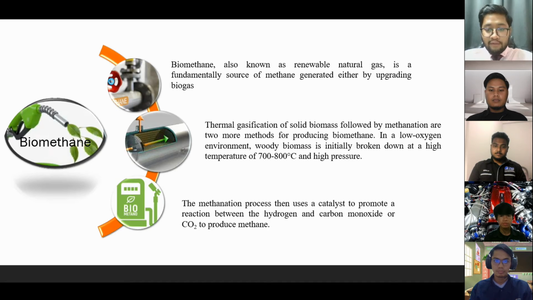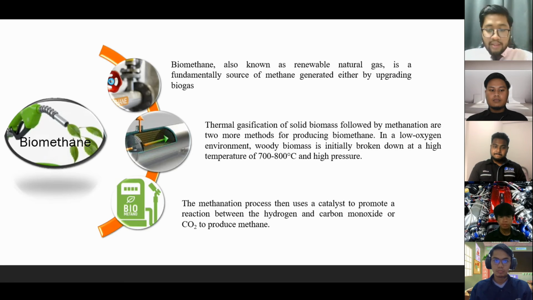In a low oxygen environment, woody biomass is initially broken down at a high temperature, 700 to 800 degrees Celsius, and high pressure. The biomass is transformed into a combination of gases, mostly carbon monoxide, hydrogen and methane. This synthesis gas is cleansed to eliminate any acidic or corrosive components in order to generate a pure stream of biomethane.